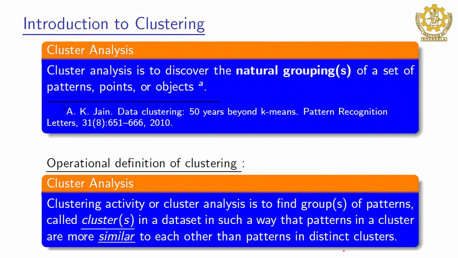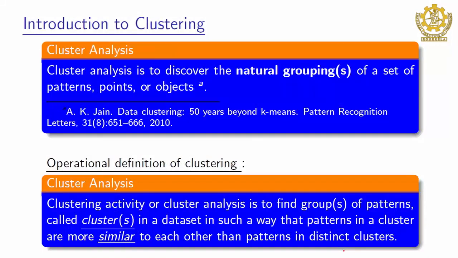The first definition was given by the scientist A.K. Jain: discover the natural grouping. Now, it is really difficult to say how to define natural grouping. Some scene I may say is very beautiful, while some other person may say it is not that beautiful. The word natural is kind of a fuzzy word.